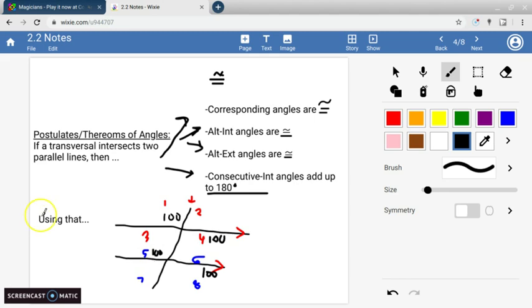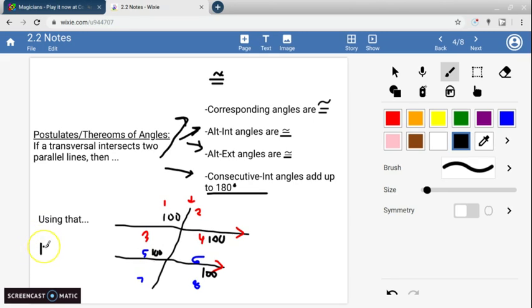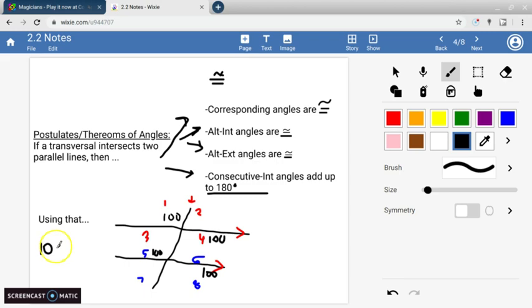So they add up to 180. So we know that it's going to be 100 plus something, let's just say x, equals 180. I don't feel like writing that, but we know that is 80. So we can write 80 because we know that's what that is. And then using our alternate interior rule for this one, we know this is also 80.